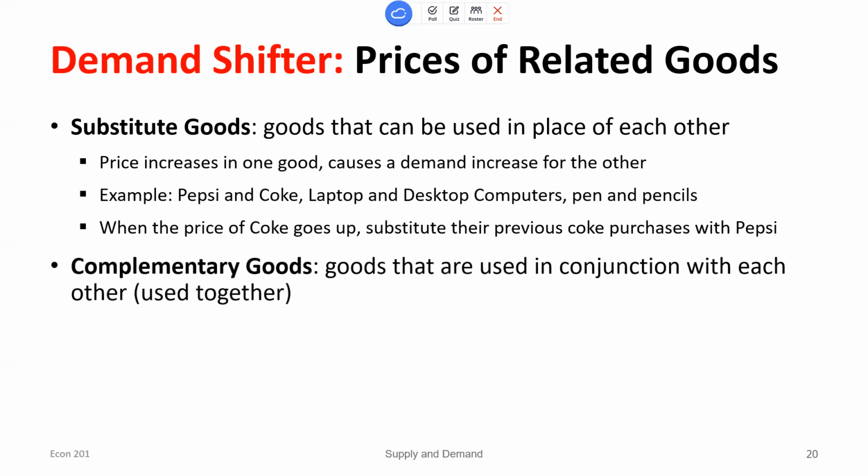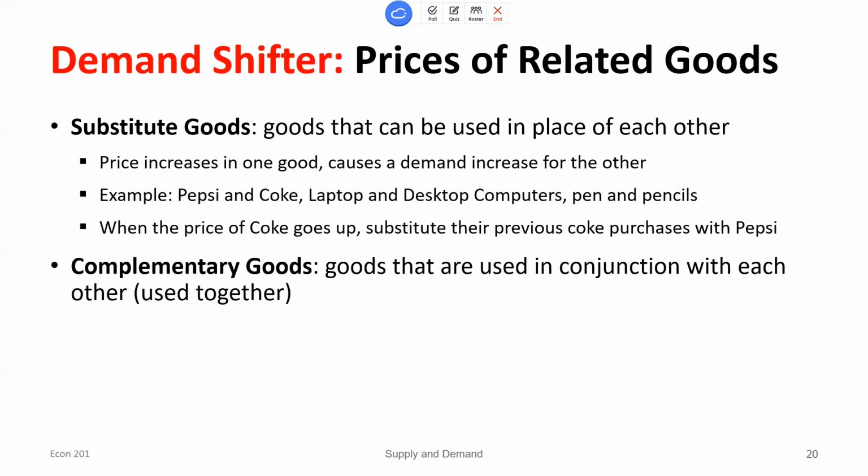So complementary goods are going to be goods that are not used in replacement of each other, but goods that have to be used simultaneously, or in conjunction, used together. I'll start out with an example I think I can't poke holes in, and then I'll move to some more that maybe you could argue for some people aren't complementary.